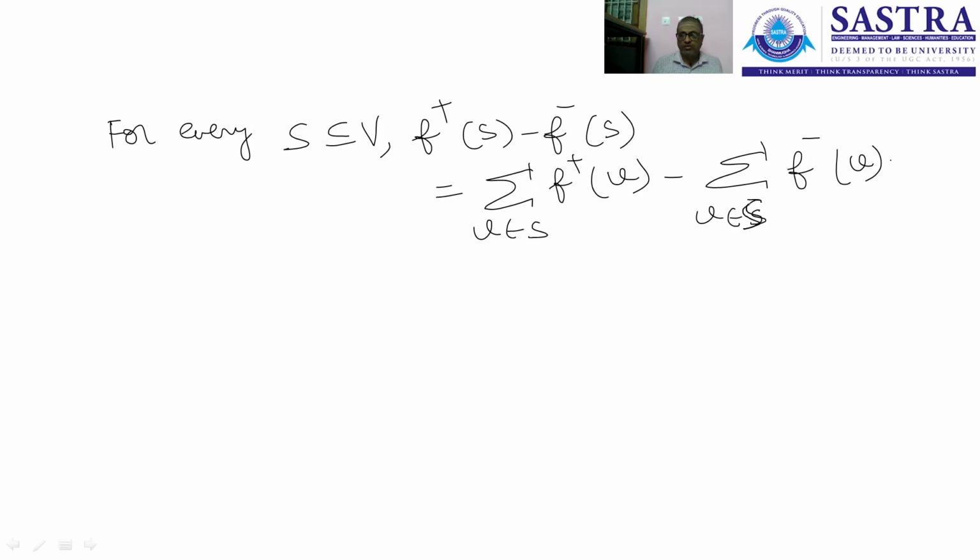So you can see that even though they are not equal, you define f plus of s minus f minus of s as this, and for all the intermediary vertices this would be 0.